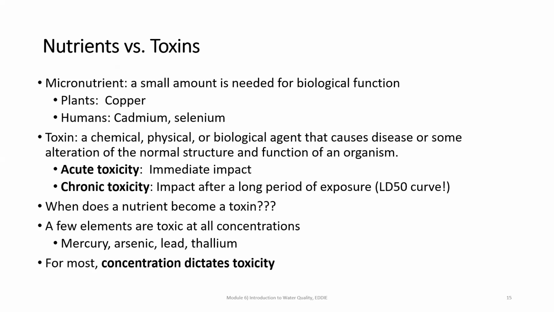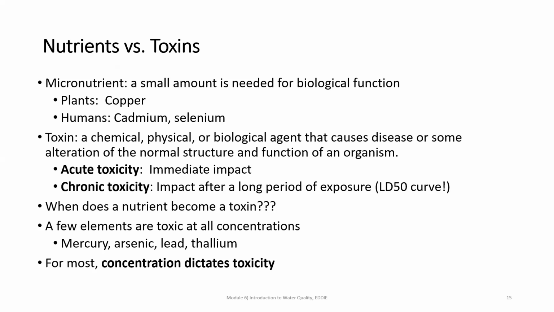An acute toxicity would be an immediate impact versus chronic would be something over a long period of time. You can think about chronic toxicity like your LD50 curve, right? Even those plants that had lower concentrations of salts, for example, you might have noticed that some of those plants didn't grow as well, right? They might have grown, which was great, but they probably didn't look as good. Scientists are usually focused on when a nutrient becomes a toxin.